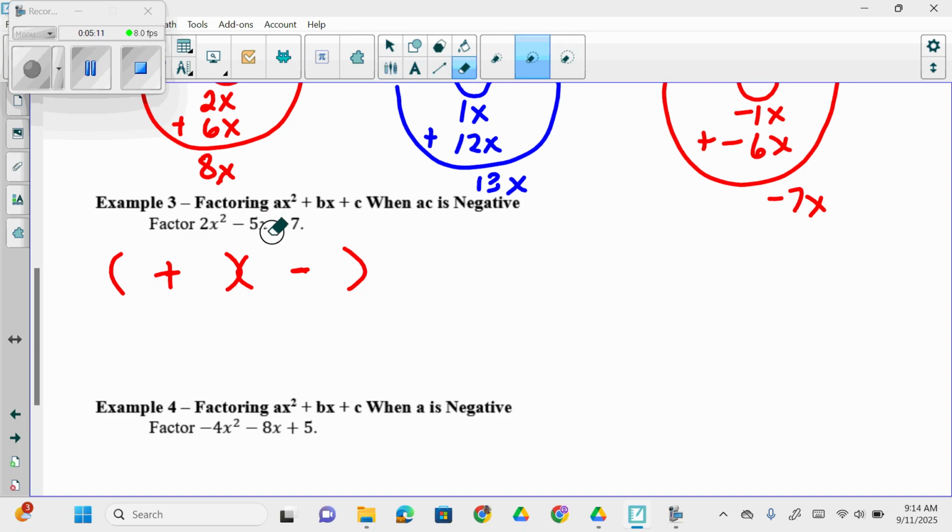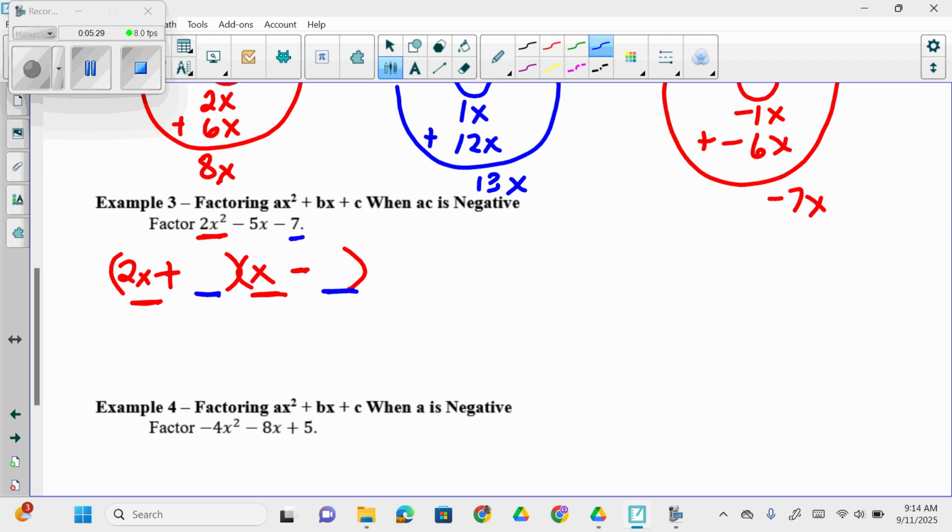All right, so now I start guessing again. I want the first term times the first term to be 2x squared. So 2x times 1x. And I want the last term times the last term to be negative 7. So it has to be 7 times 1. So I could put 7 and 1. And again, that's a guess. I might have those in the wrong spot.